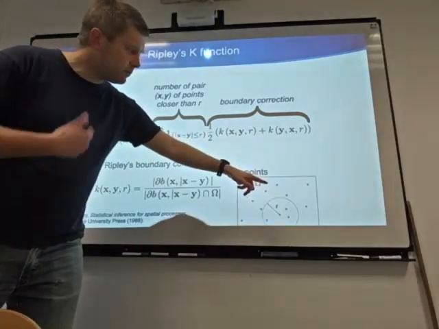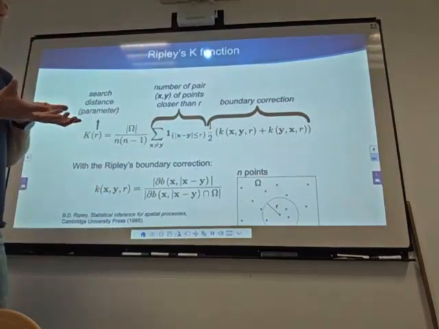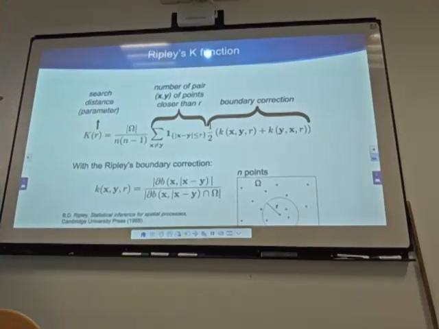Typically, if you take a point right on the boundary, you expect almost half the neighbors compared to points at the center of the domain. Ripley is an English statistician who worked on this in the 70s, and a book was published in the 80s. He recommends using this type of boundary correction because it looks a bit weird, but it's good for computing some statistics on the K function.